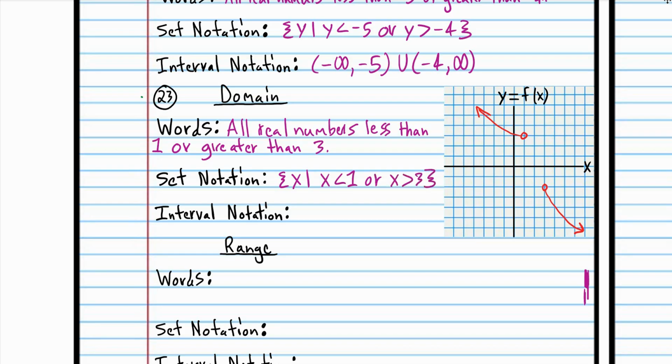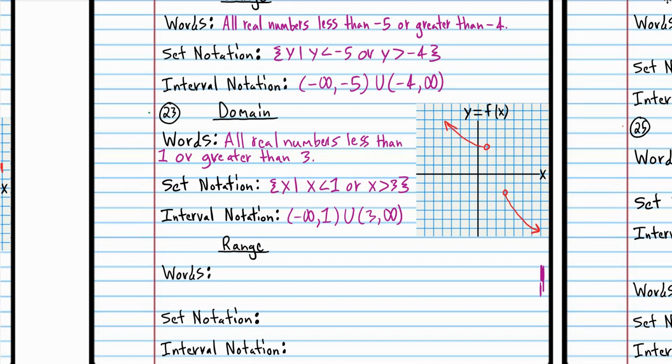So if you got that right, good job. In interval notation, we say negative infinity to 1, parenthesis, union symbol, 3, comma infinity. And there you go.